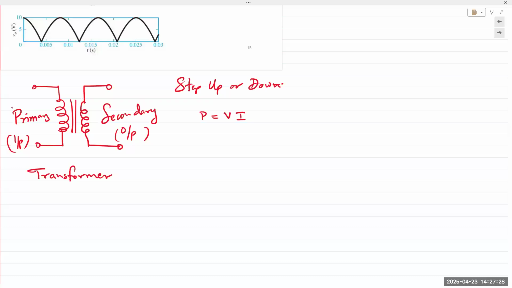In terms of resistance, power is also V squared over R and I squared times R. R is the resistance. The equation for resistance is rho L over A. It's directly proportional to the length of the conductor.